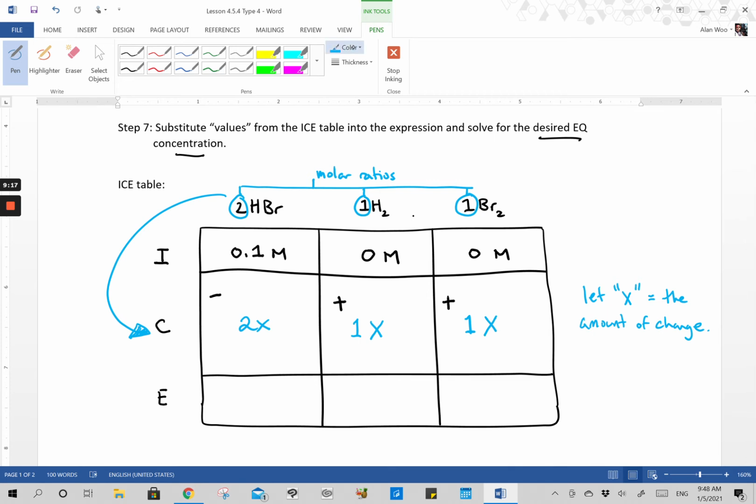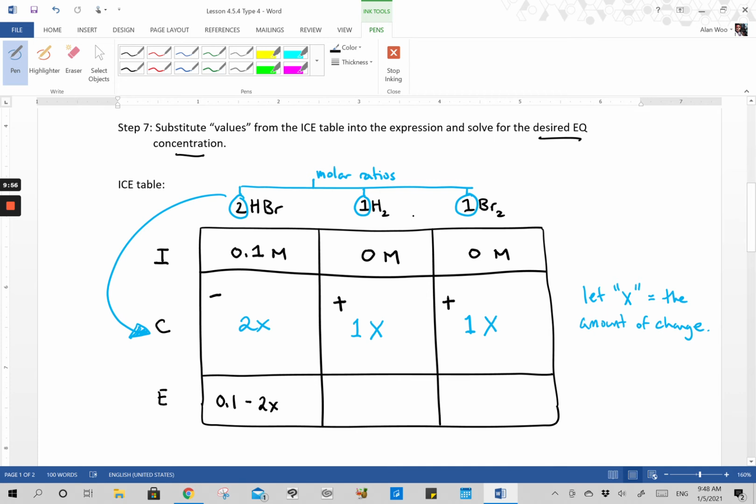So when we look at how this affects the equilibrium concentrations, let's start with the reactants. You start off with 0.1 molarity, but it's going to change by negative 2x. So 0.1 minus 2x of change will be the equilibrium concentration for HBr. But because we don't know what x is, we can't actually have a number value. So this is as good as it gets right now.